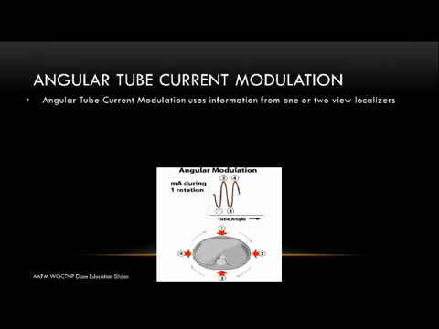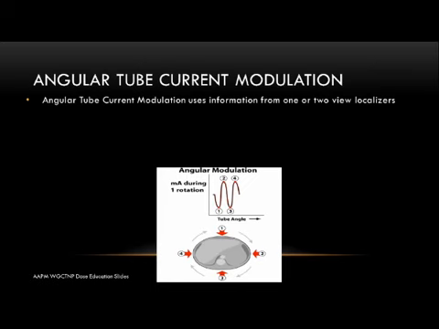So just graphically, here is what might happen if you have turned on angular tube current modulation. Instead of having, say, a flat mA across here, at the AP view you're going to have, let's call this 50 mA, and then in the lateral view you're going to have 100 mA, and then the PA view you're going to have 50 mA again, and then for this other lateral view you're going to be up to 100 mA.